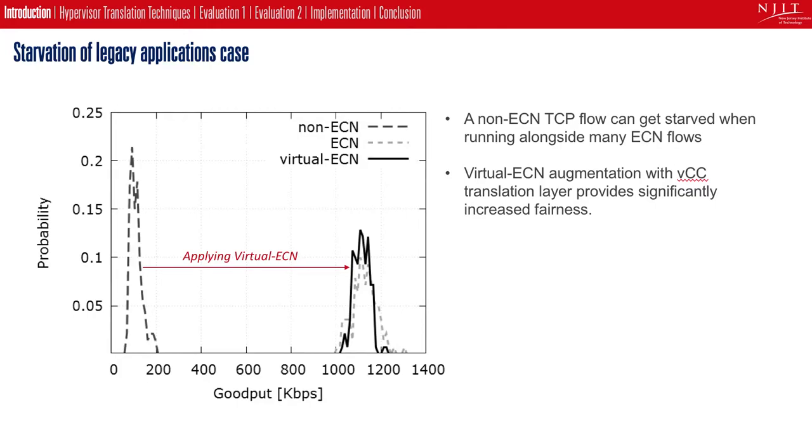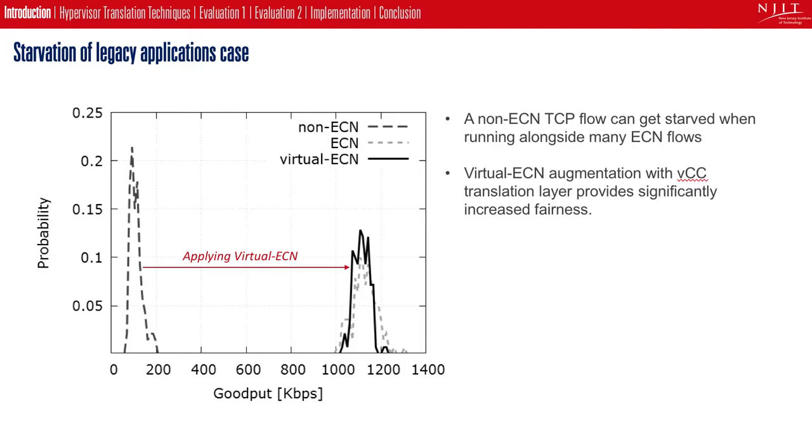Here we can see a starvation of legacy application case. The figure shows 10 flows sharing the same bottleneck link. There is 1 non-ECN flow from a legacy application, 8 ECN-enabled flows, and 1 non-ECN flow augmented by virtual congestion control translation.